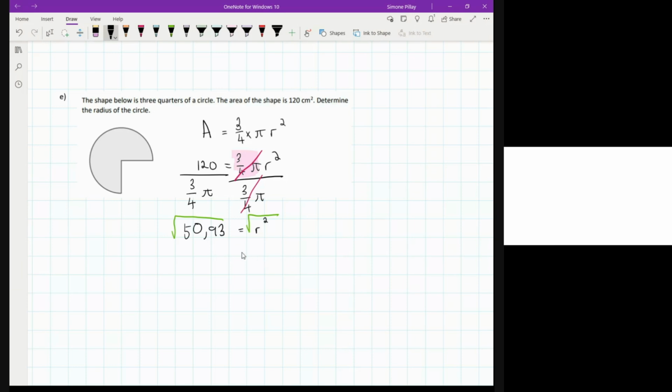Now that I've square rooted, I have that r equals, and what are you getting when you square root that answer? I am getting 7,14. There you go. So we've got 7,14, and it's not just 7,14, but 7,14 centimeters.